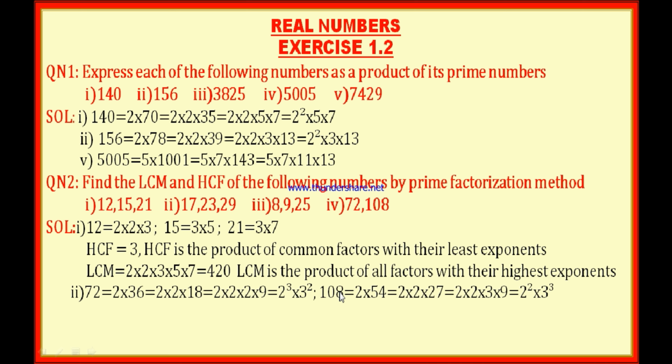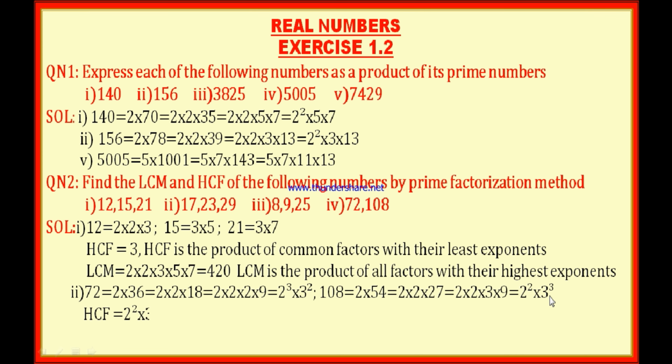And again 108. 2 in 108, 54 times. And 2 in 54, 27 times. And 3 in 27, 9 times. And 3 in 9, 3 times. Therefore, this is 2 into 2, 2 square. 3 into 3 into 3, 3 cube. You wrote 72 as 2 cube into 3 square. And 108 as 2 square into 3 cube.